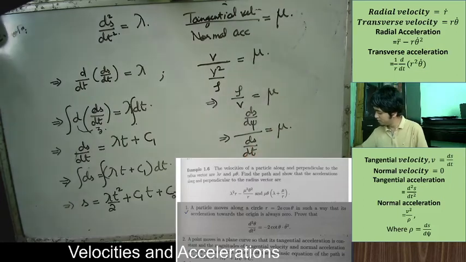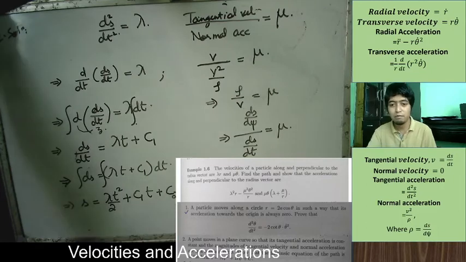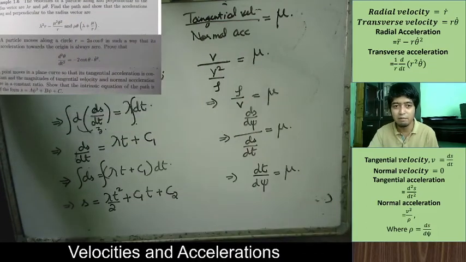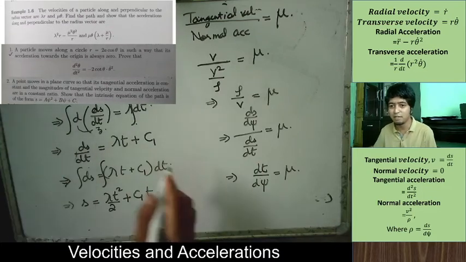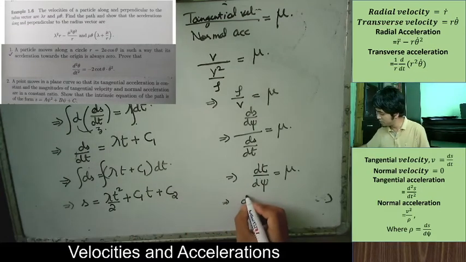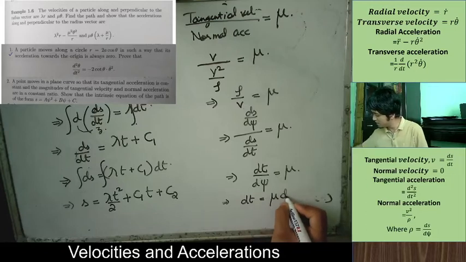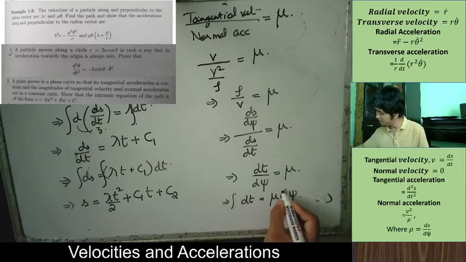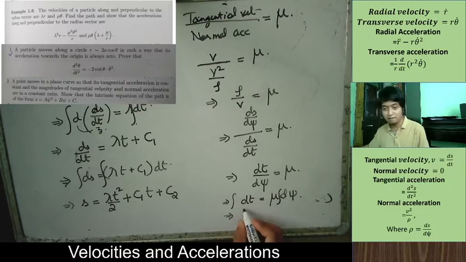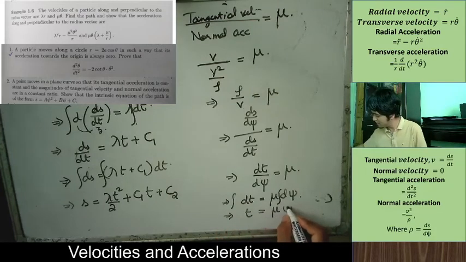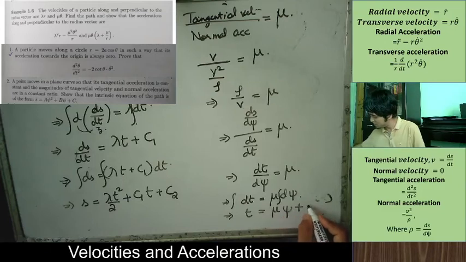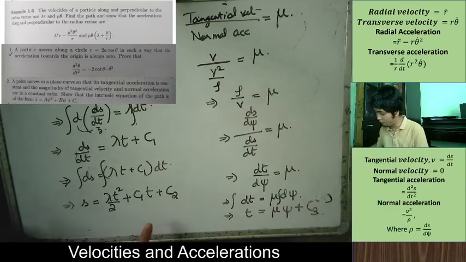So we can write dt/d psi equal to mu. Separate the variables: dt equal to mu d psi. Integrate, and you get t equal to mu psi plus c3. I've already used c1 and c2, so here I'm using c3.